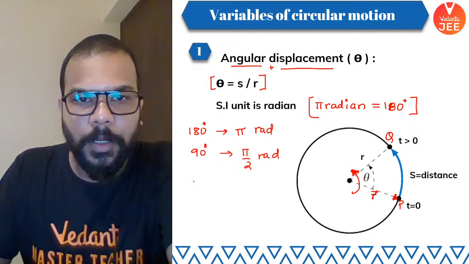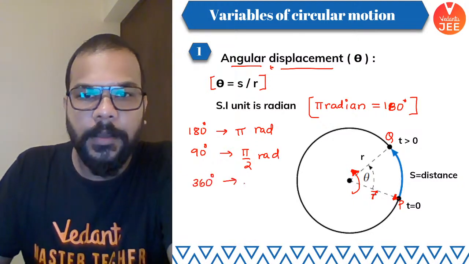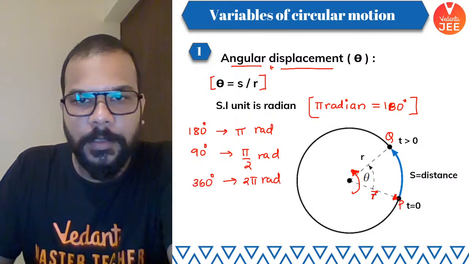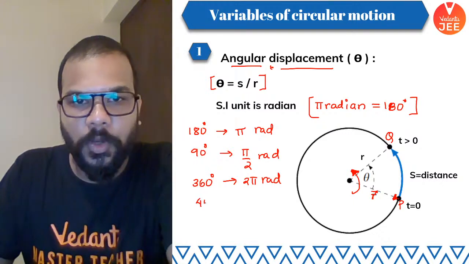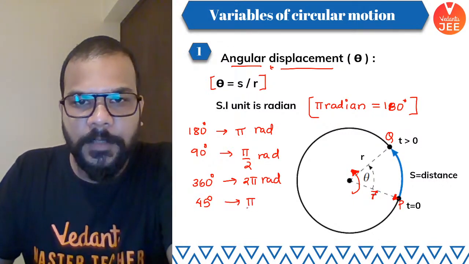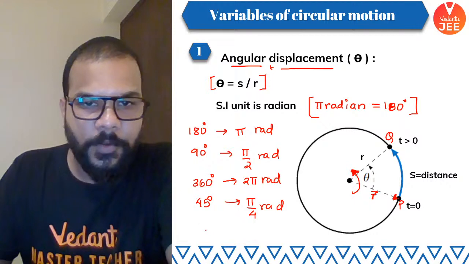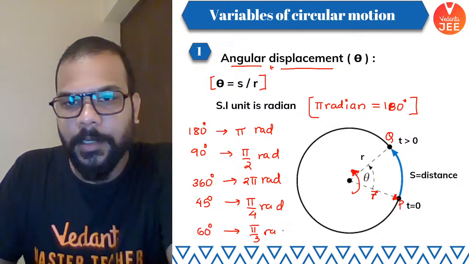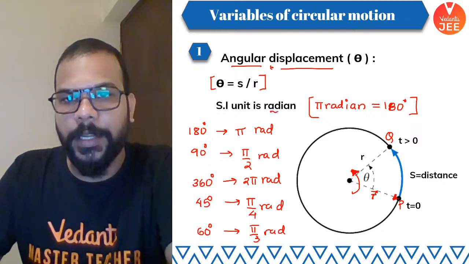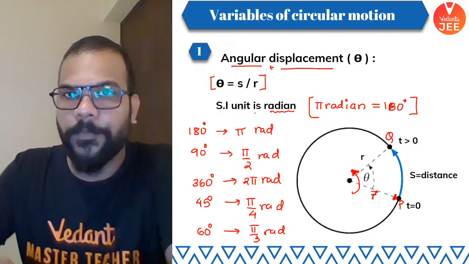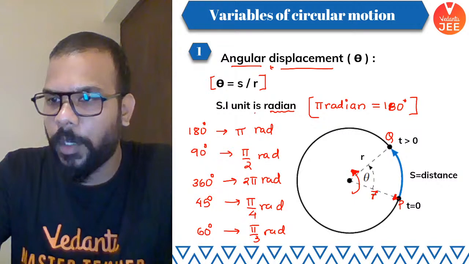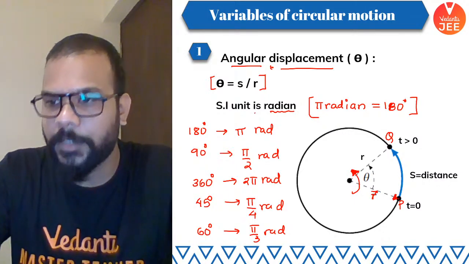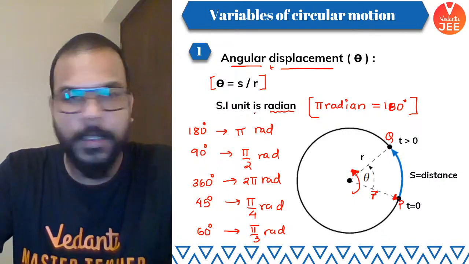If you are talking about 360 degrees, it will be 2 pi radian. I hope you guys are following. If you are talking about 45 degrees, it's pi by 4 radian. If you are talking about 60 degrees, it will be pi by 3 radian, and so on and so forth. So radian is going to be the SI unit of angle measurement. Okay, perfect, Pranati. Very nice, guys, very nice. Keep it up, keep it up.